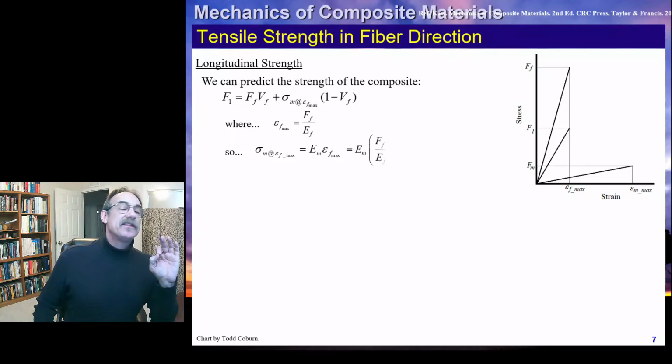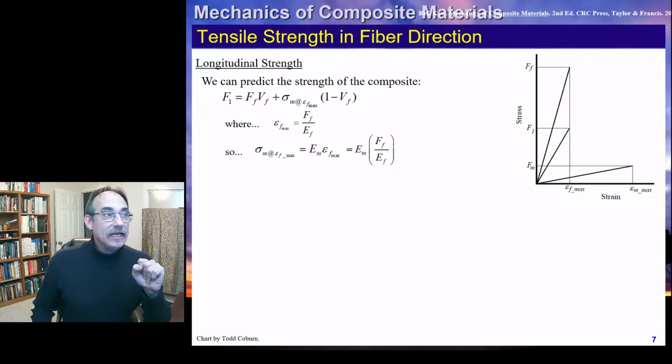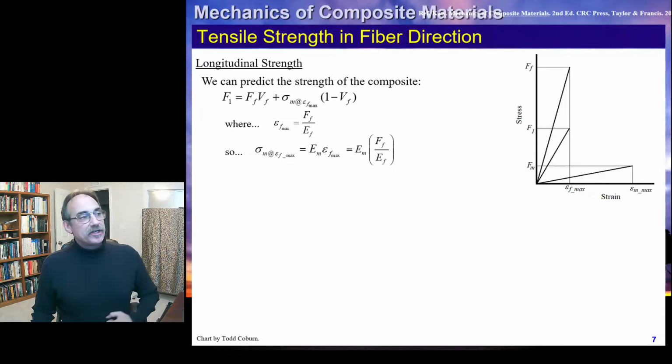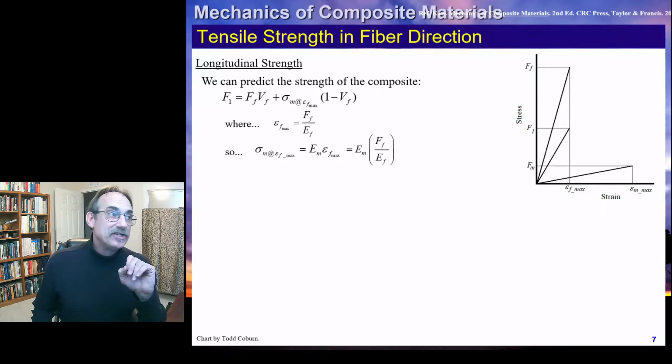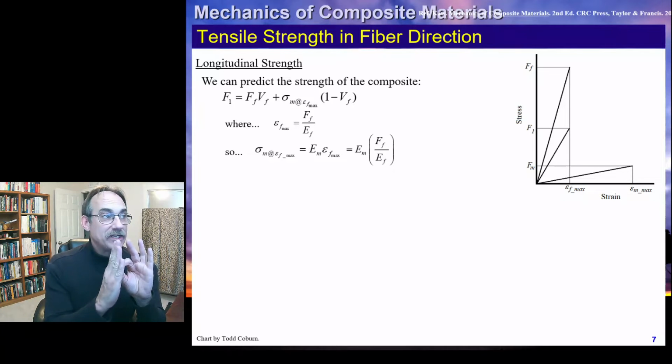We then can say that the matrix strength at the fiber's maximum strain is just the matrix modulus times that strain level. We can plug in the strain level we just calculated, and we get this relation as the fiber strength times the ratio of the matrix modulus to fiber modulus. This gives you the maximum stress that the matrix reaches at the point where the fiber max strain is reached.